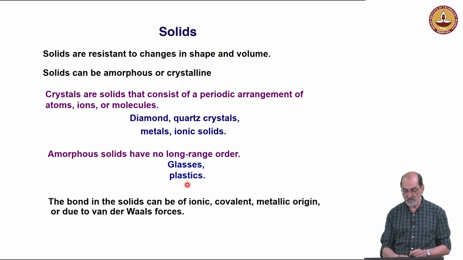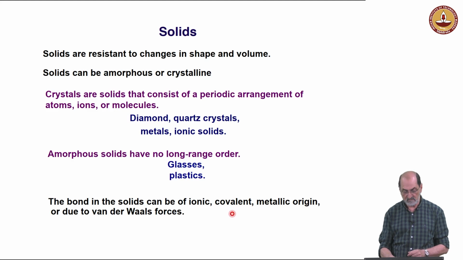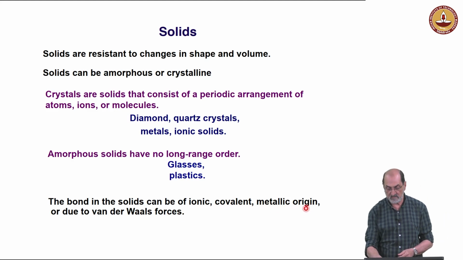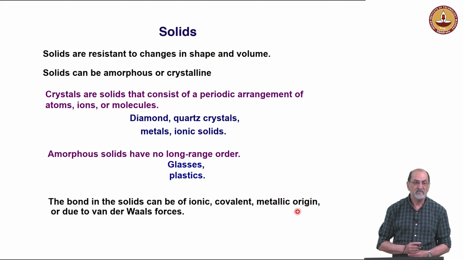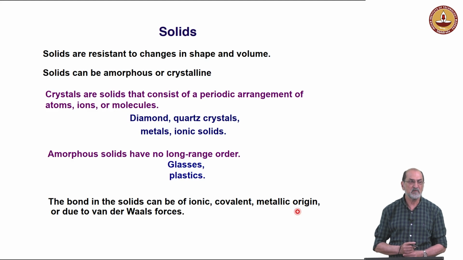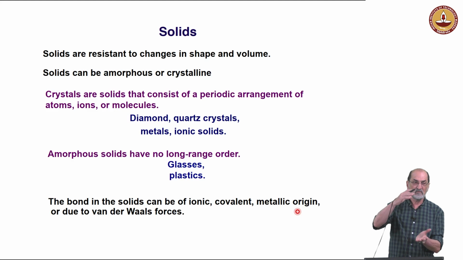It can be of ionic origin, covalent bonding, van der Waals forces, and now we have a new interaction which is called metallic. In metals, the total energy of the system is reduced because we are forming bands, and the valence band spreads out.